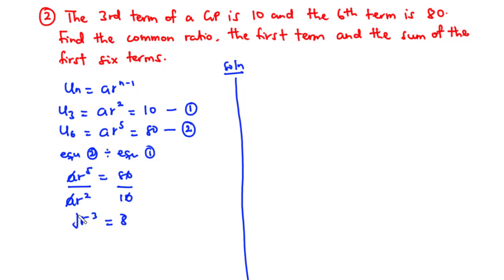So we take the cube root of both sides, and then we have r equal to 2. So this is the common ratio, r is equal to 2.